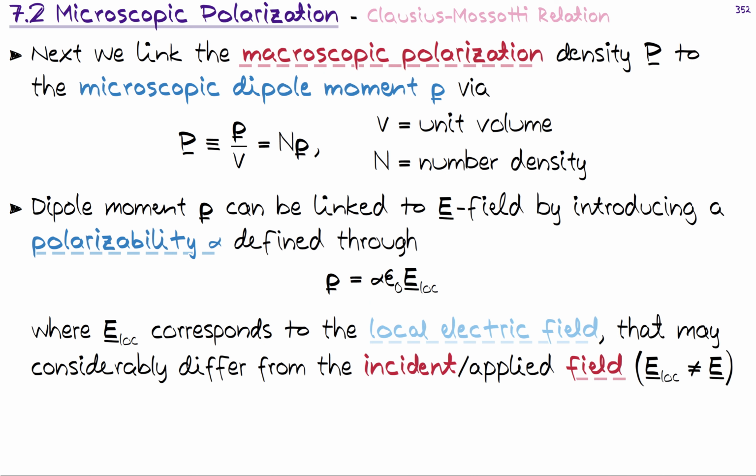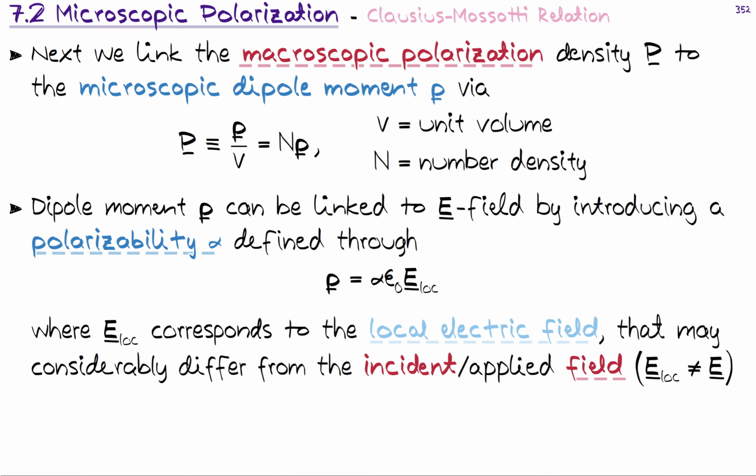Mathematically put, the local field may be different from the incident field. This is our main point in this lecture: due to the fact that we have a periodic crystal, the periodic arrangement may also change the local field, so it may not be equal to the incident field.